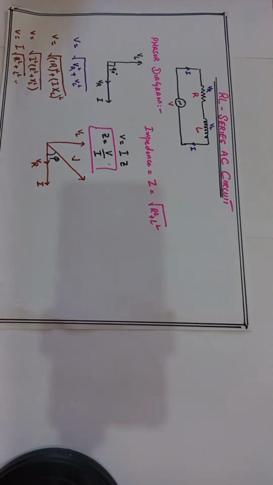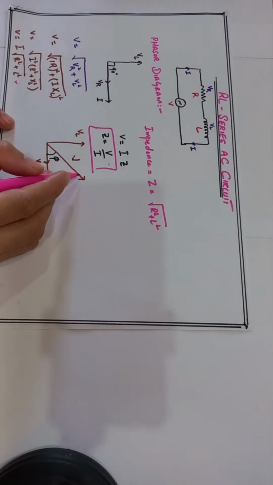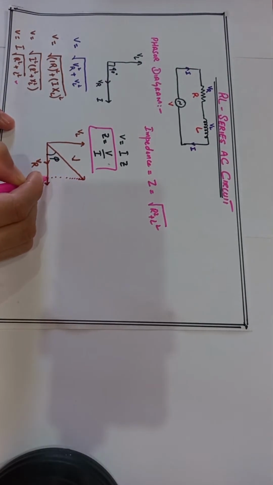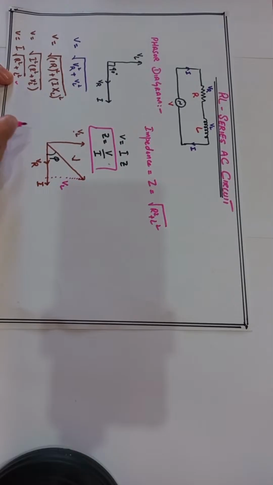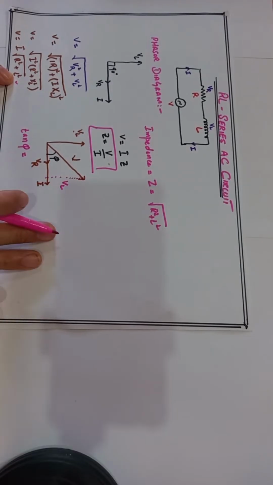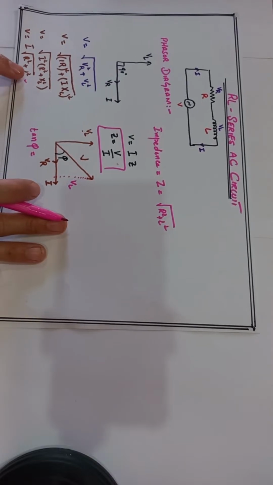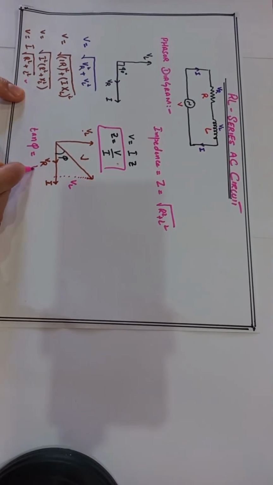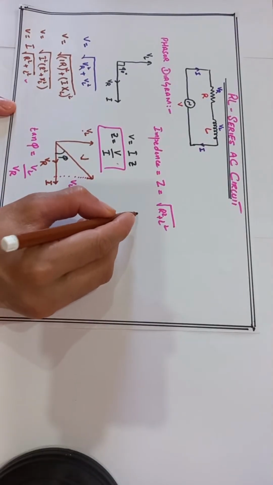We can find the angle phi if we draw a perpendicular from the diagonal to the horizontal line. If this is VL, this also becomes VL. Here we write the formula of tan phi, which is equal to perpendicular over base, that is VL over VR.